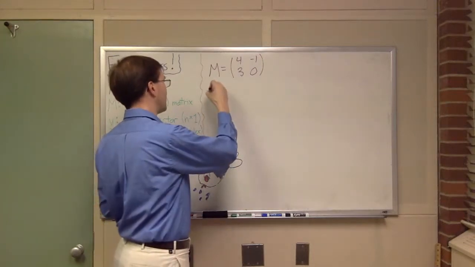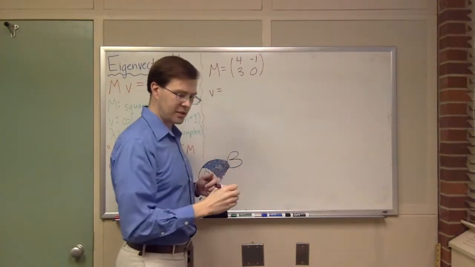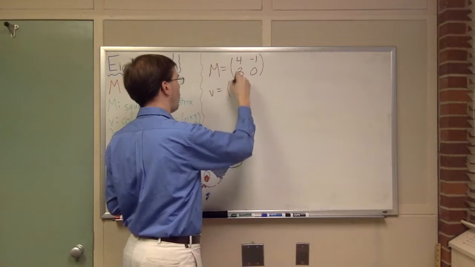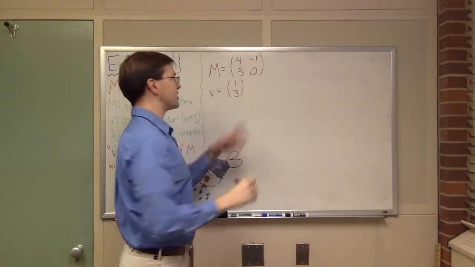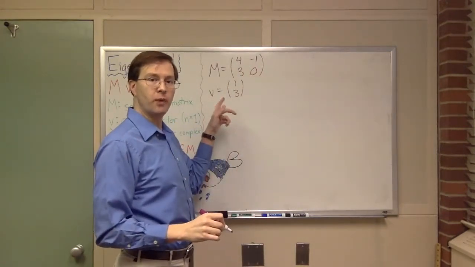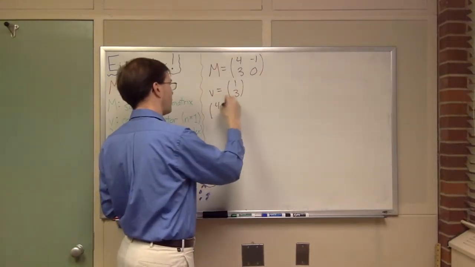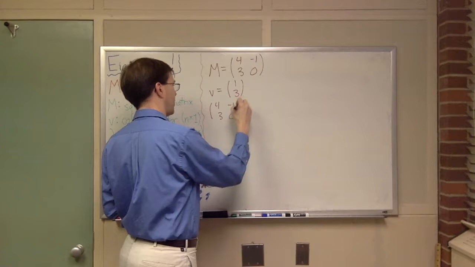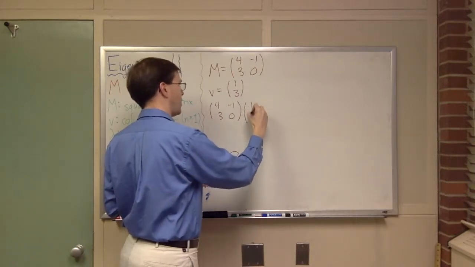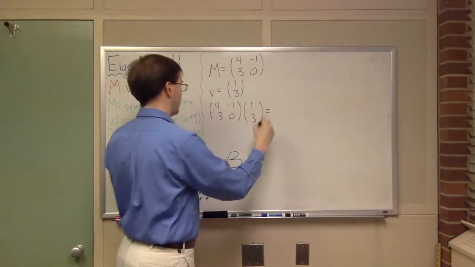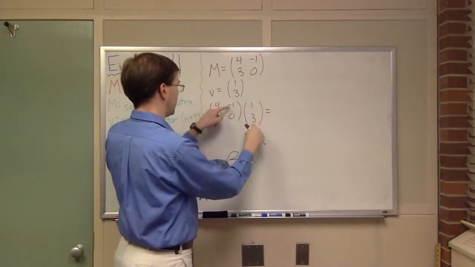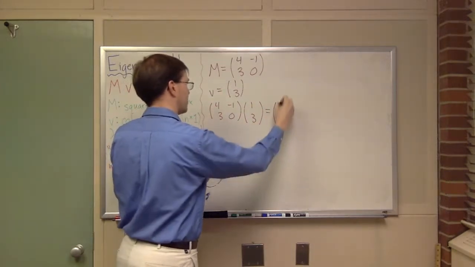So for example, let me say the vector V is the vector 1, 3. This is a 2 by 2 matrix and a 2 by 1 matrix, so I can multiply them. I find that the matrix 4, minus 1, 3, 0 multiplied times 1, 3 gives me 4 times 1 plus negative 1 times 3, which is 4 minus 3, that gives me 1.